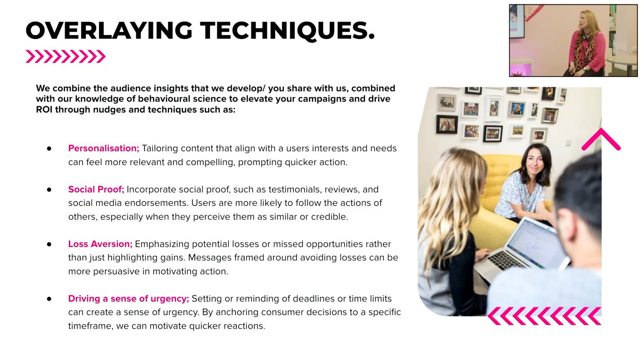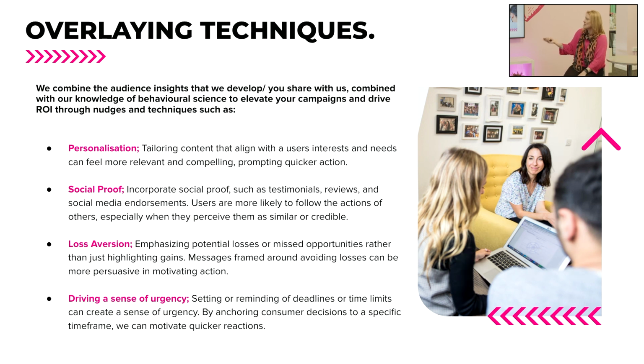And we then overlay techniques, so looking at nudge theory to ensure that the message we're delivering speaks to things that the people aren't even necessarily aware of, but really helps to push them through that customer journey. So personalisation, we're all very familiar with it, and even in a privacy safe world where people are very hot on privacy, they still expect that personalisation. They still want to feel like you know what they want, even if they don't necessarily want to be tracked at the same time.